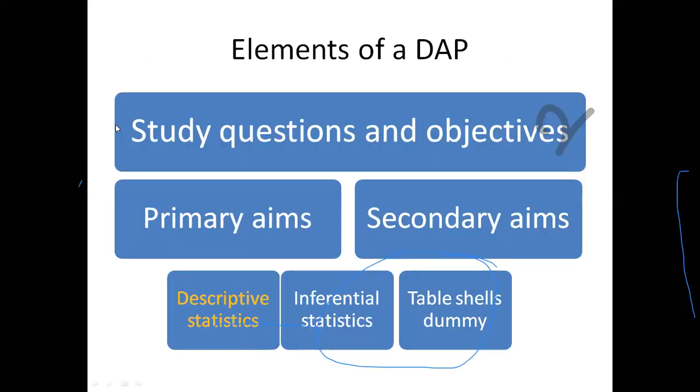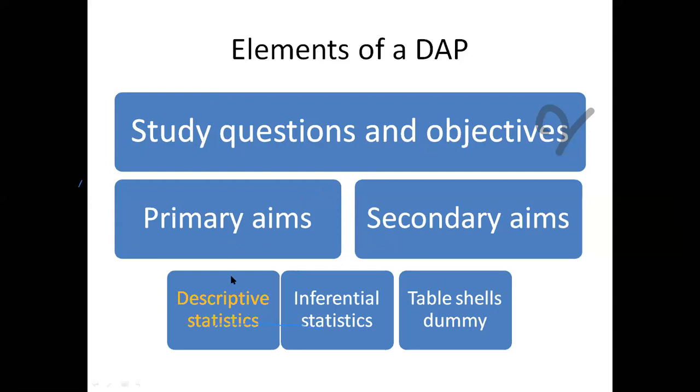So that's the first part. The second part is to look at what goes into the data analysis plan. So I briefly said something about the study questions and the objectives: the need to have very clear study questions and very clearly specified objectives. Then you look at the objectives, and at which could be considered primary objectives or primary aims of the study, and the other aims are the secondary aims of the study.